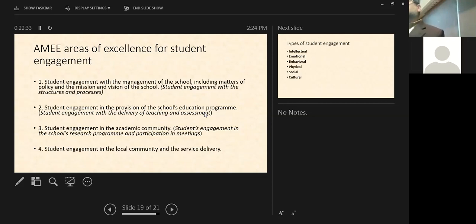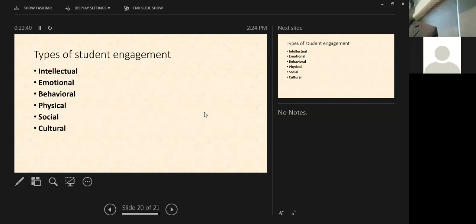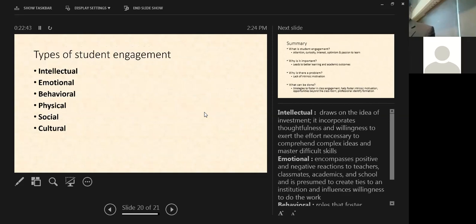But these are not the only areas that we are limited to. Okay, we can go beyond. We talked about intellectual engagement.